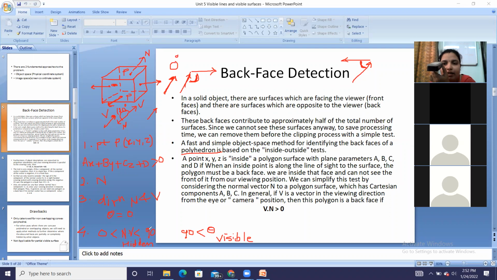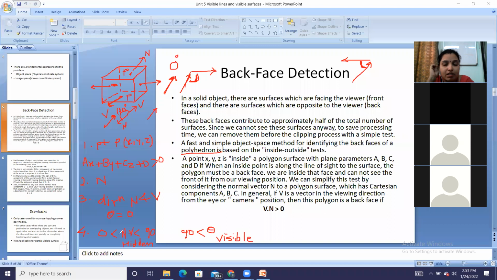So when the angle between the V and N becomes more than 90, then that side, that face becomes visible to you, and this is when you are rotating it with 180 degree. Exactly 180 degree rotation, then it will be totally visible. Okay, so this is how you are going to have the faces which are at the back side and which will be at the front side.